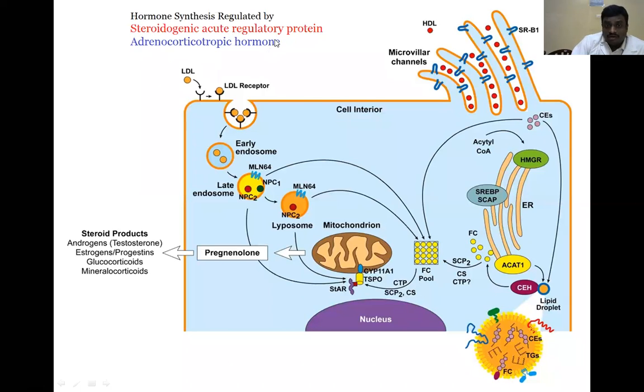These two regulate the synthesis of pregnenolone from the free cholesterol. When pregnenolone is produced, it then produces steroid hormones. So pregnenolone production is controlled by two substances: steroidogenic acute regulatory protein and adrenocorticotropic hormone.